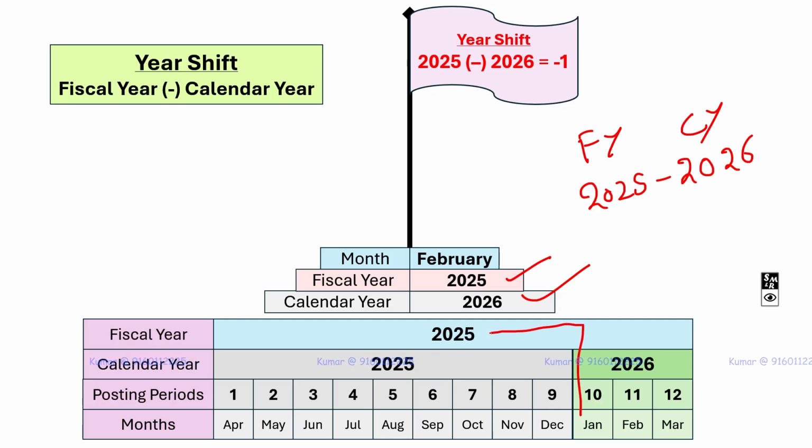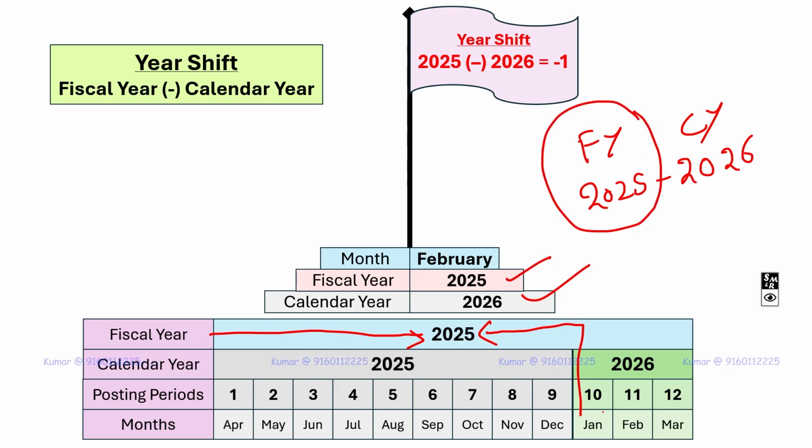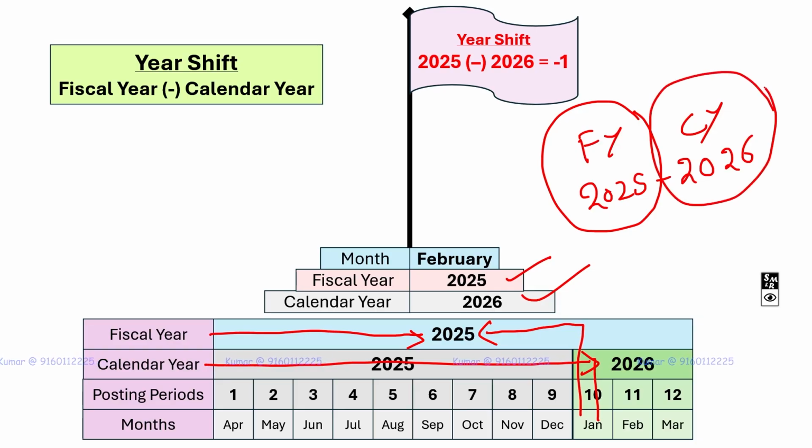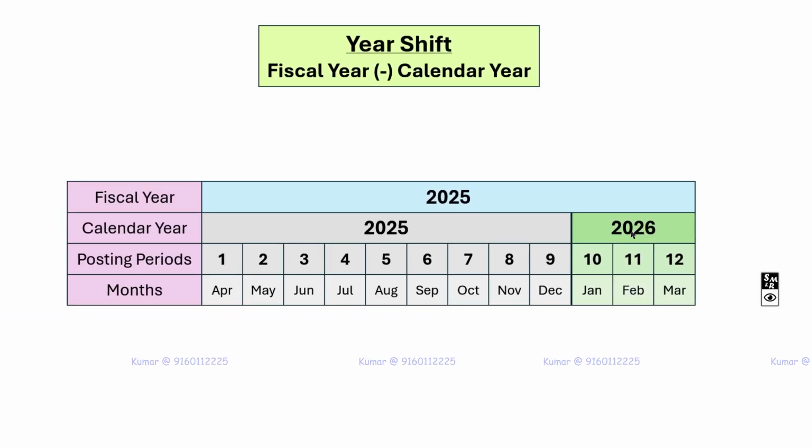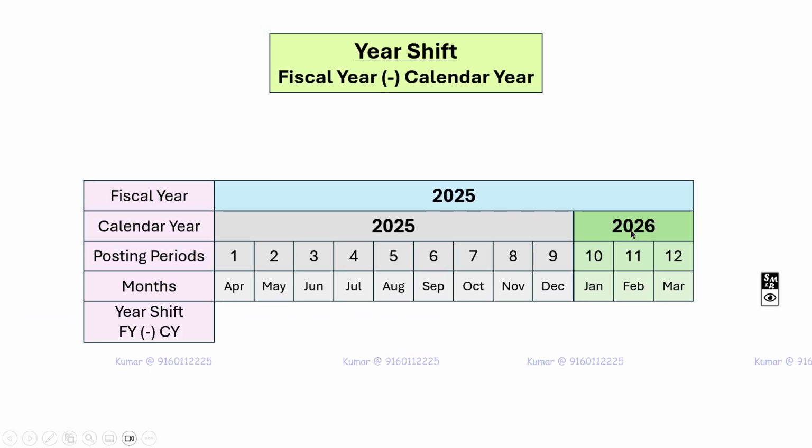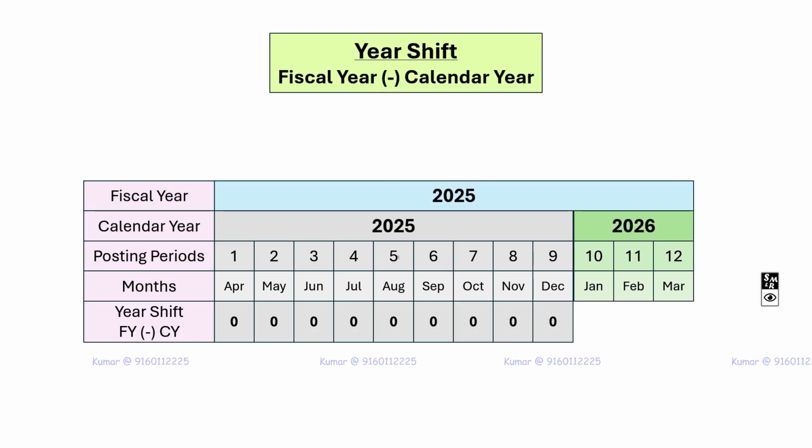So minus 1. So now if you see, year shift for April to December will be 0, and from January to March it will be minus 1.